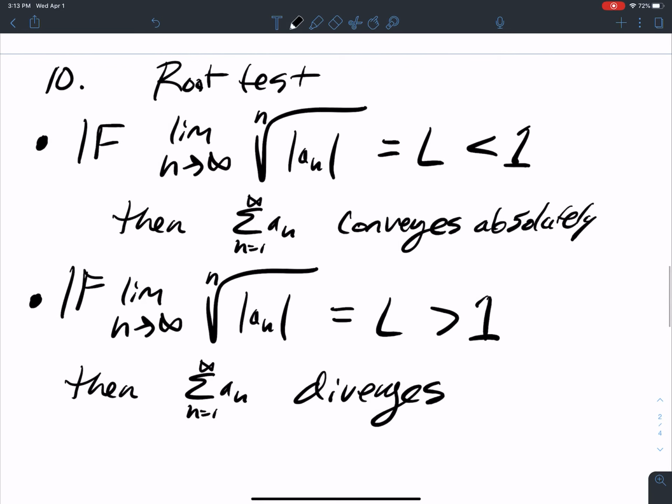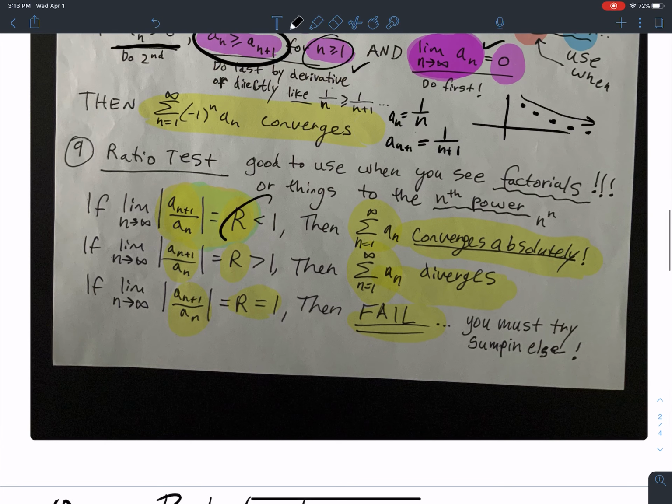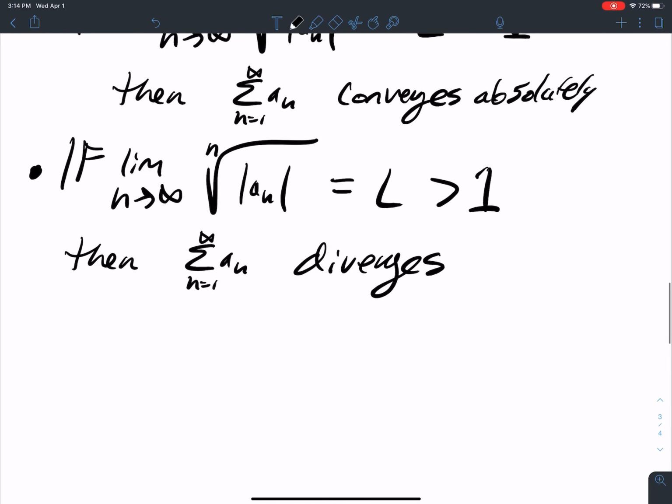Okay, this looks very familiar. Less than 1 converges absolutely. Greater than 1 diverges. So this has a very familiar flavor. If it equals 1, then the test fails.